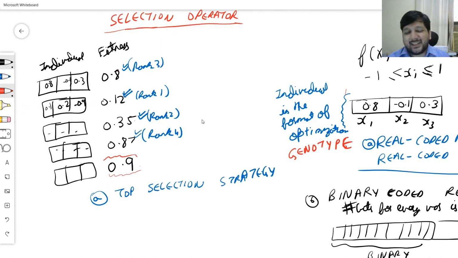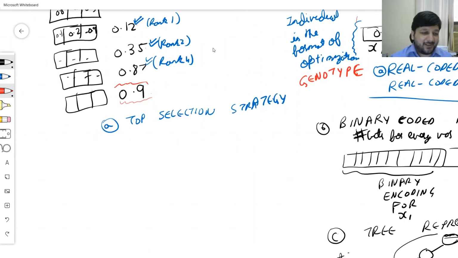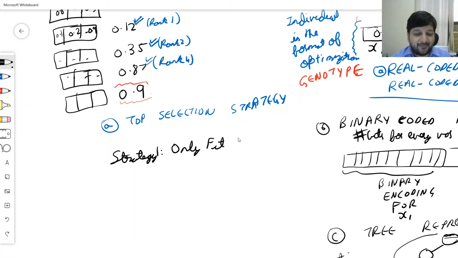And therefore I say that there are two strategies which are possible. So I say strategy 1, only fit survive. And strategy 2, I say weak also survive.